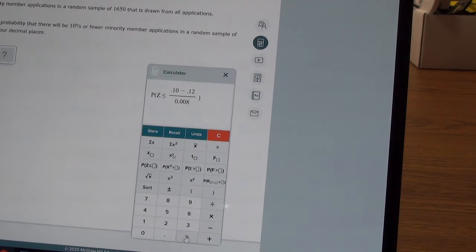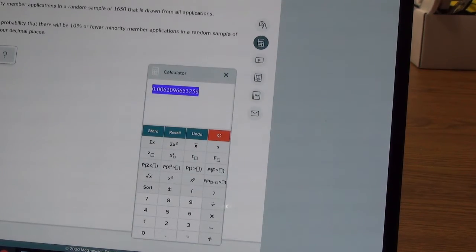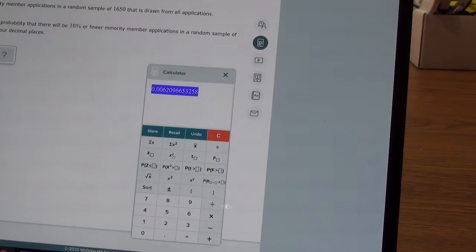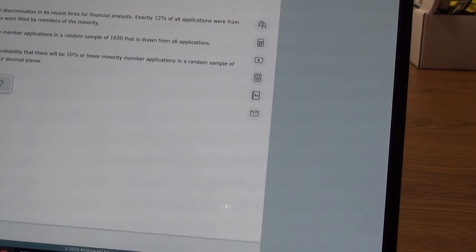And if I hit equal then to 4 decimal places, I get 0.0062. 0.0062 then should be my answer. If I check my answer, I got it correct.